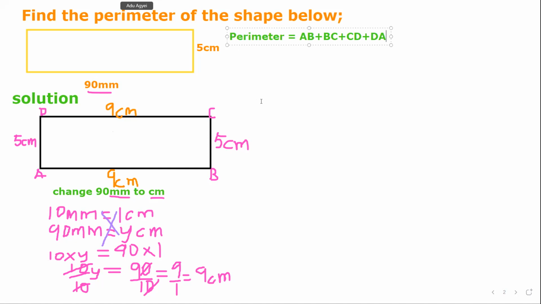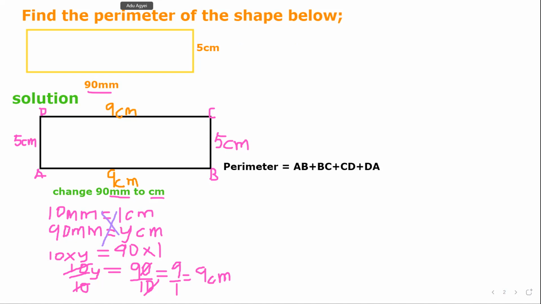Now the perimeter here, what is the total distance around the shape? Now we have it here, which is line AB plus BC plus CD plus DA.